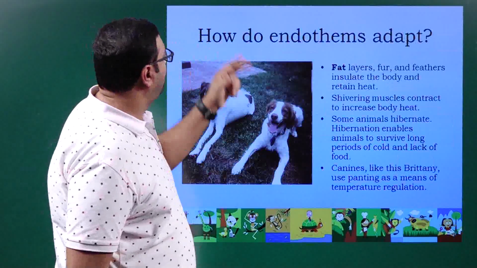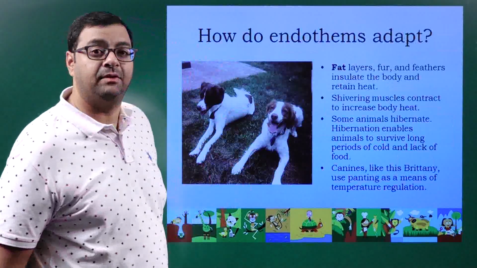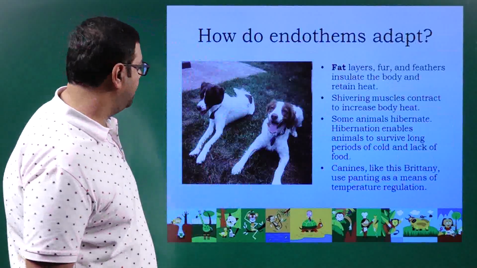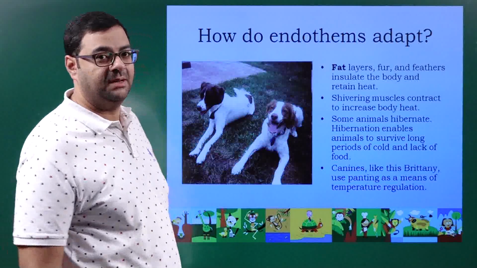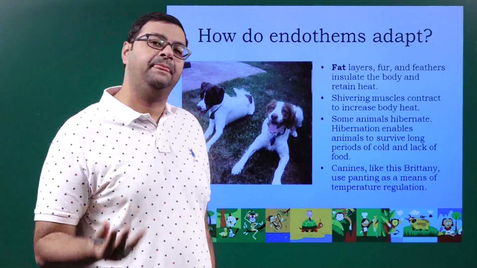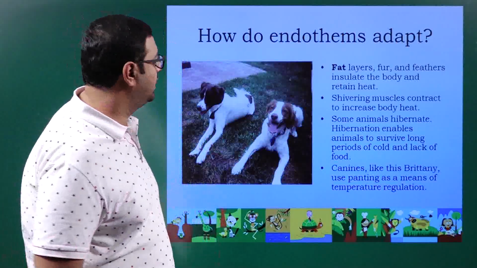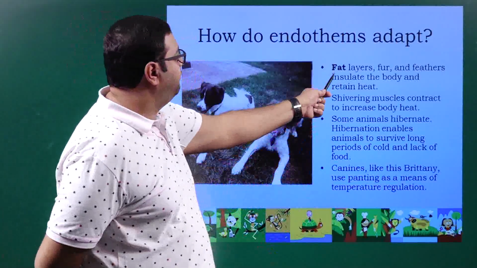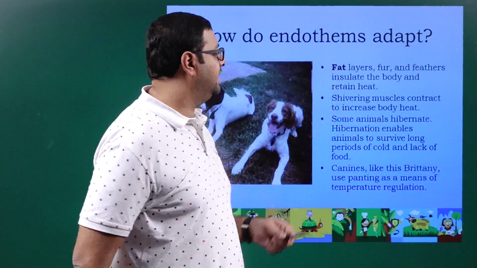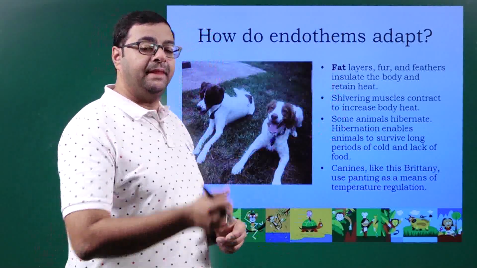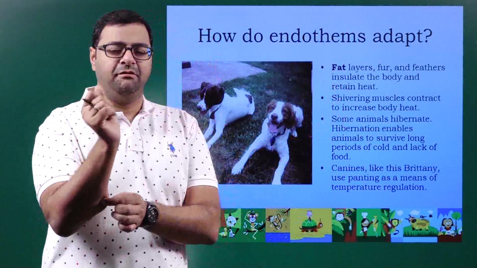How do endotherms adapt? This is also very, very important. Endotherms, we said, are warm-blooded creatures. Dogs are the best example, and even we are warm-blooded creatures. Fat layers, furs and feathers insulate the body and retain heat. Even in our body, we have a layer of fat.